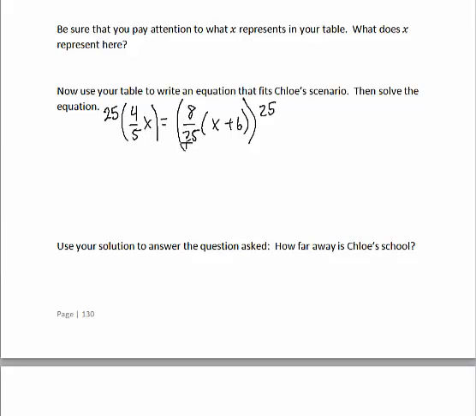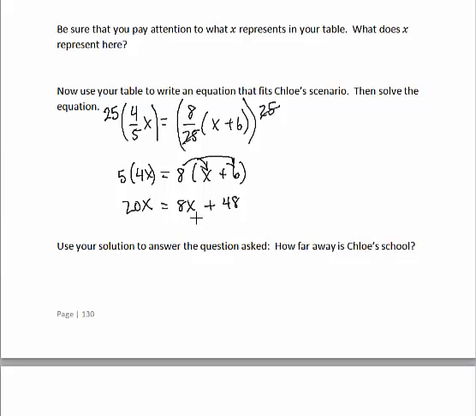And so on the right side, the 25 cancels completely, and so now we have 8 times x plus 6. On the left side, 5 divides into 25 5 times, and so we would get 5 times 4x. If we get rid of our parentheses now, we could write 5 times 4 is 20x on the left, 8 times x is 8x on the right, and then we distribute the 8 to the 6 as well, 48.